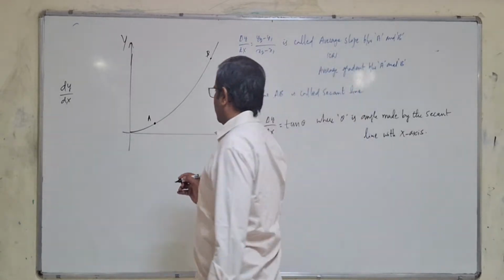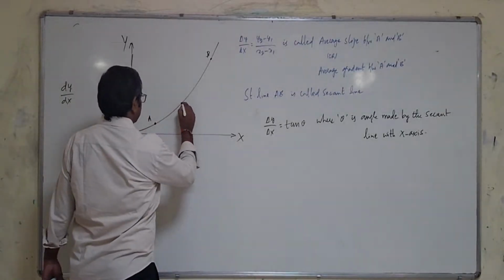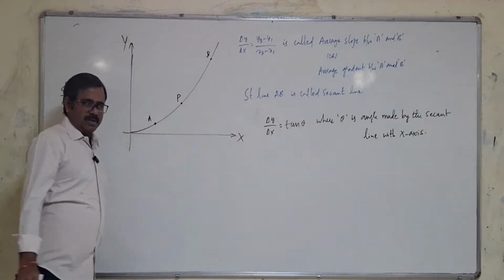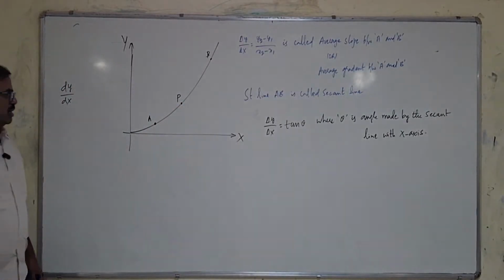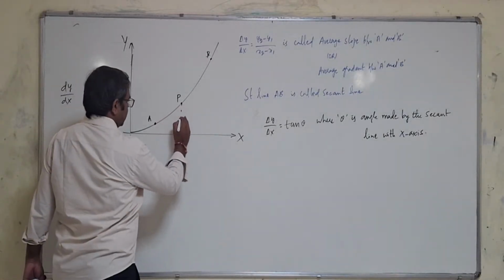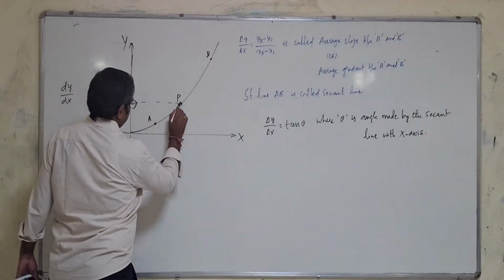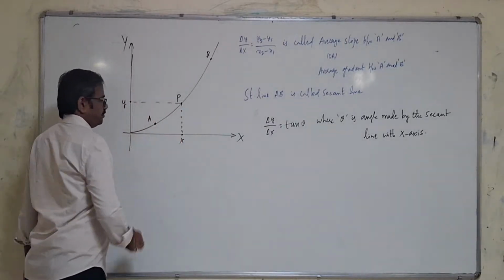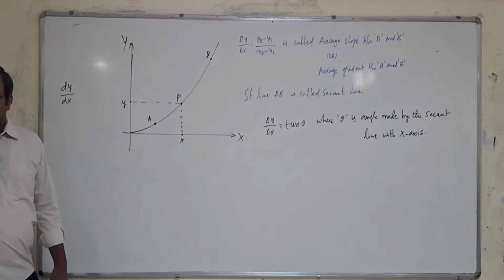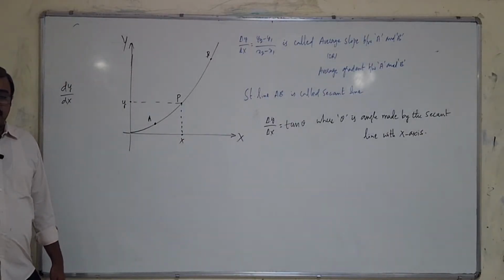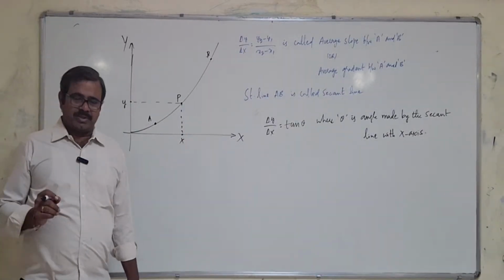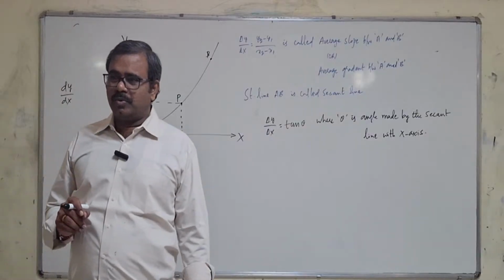So let us take one particular point somewhere here. Let's call it P. Its coordinates are x, y. Now to find the rate of change in y with respect to x, what do we do?